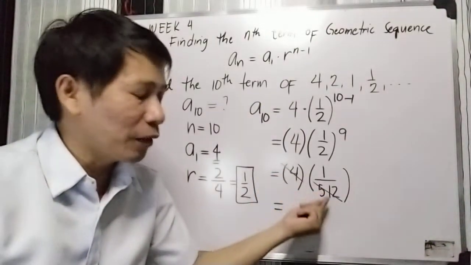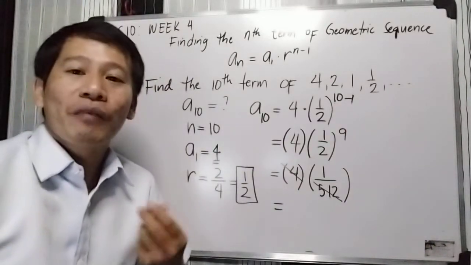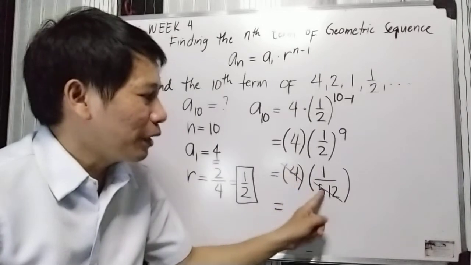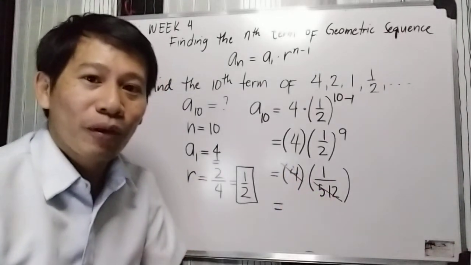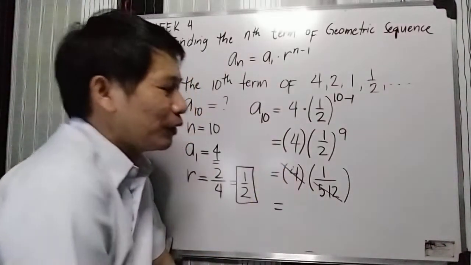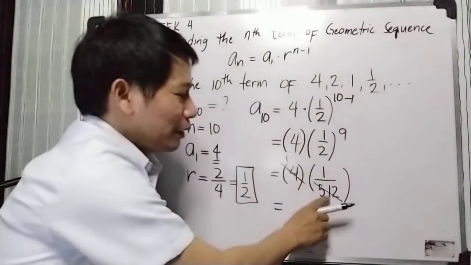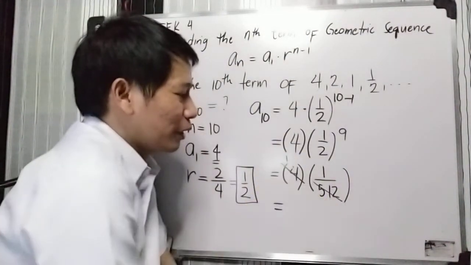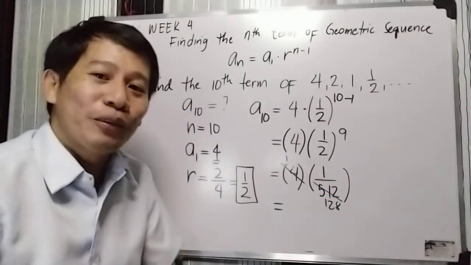So we can cancel out their common factor, and the common factor nila is 4. Ibig sabihin, the GCF is 4. Yung 512 kasi ay divisible by 4. So cancel na si 4, magiging 1 na lang yan. Divide natin si 512 by 4, ang magiging sagot ay 128. Tama ba? Pwede nyo i-check yan.